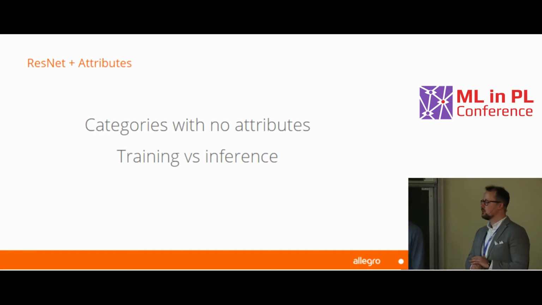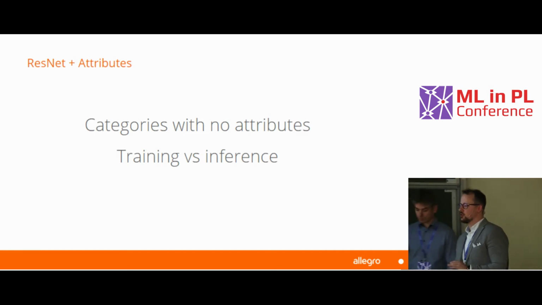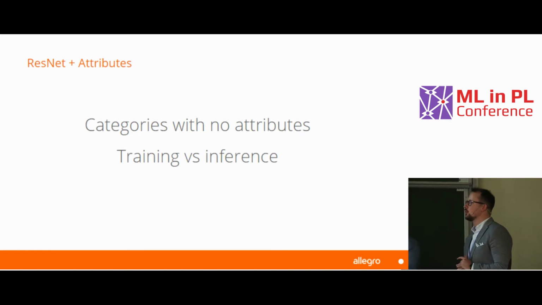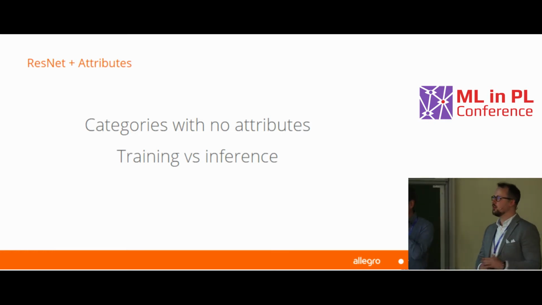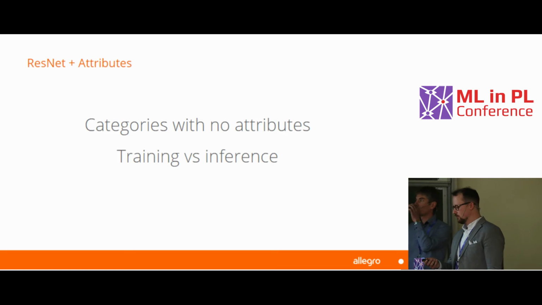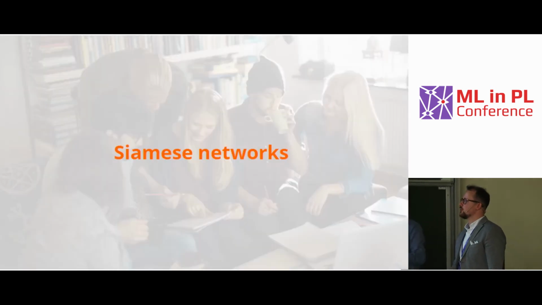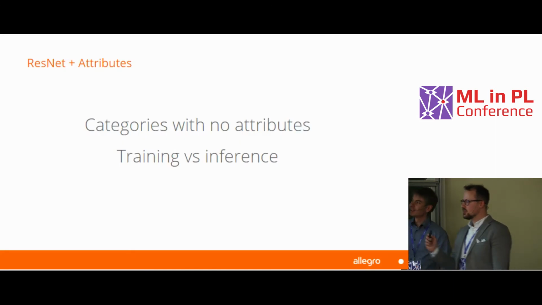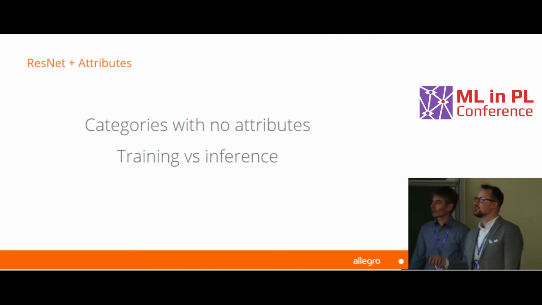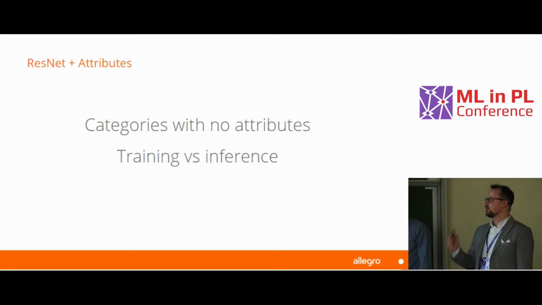So now in machine learning, we have a question: what to do next? We can either start with better data or a better model. So as long as we cannot use attribute prediction for all categories, maybe we can do something else.